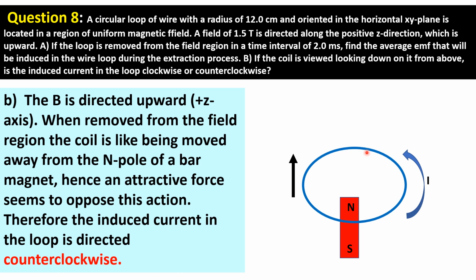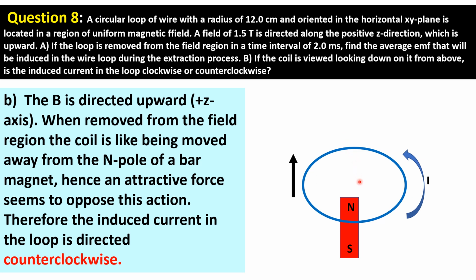Because, according to Lenz's law, we need something that seems to oppose the north pole of the bar magnet. So if you're moving the coil away, there must be some kind of attractive force. Only an attractive force will oppose this action of moving the coil upward.